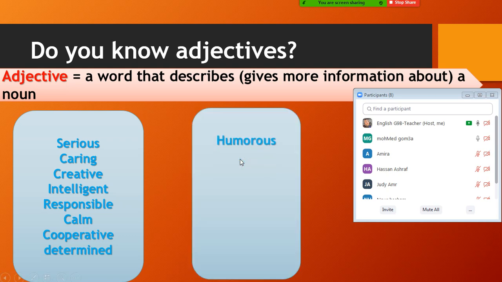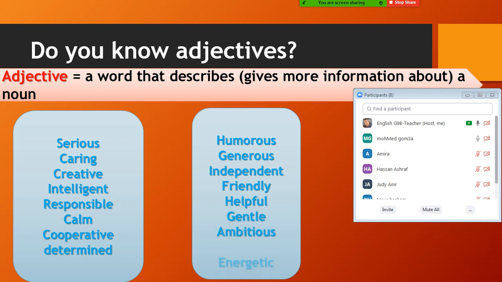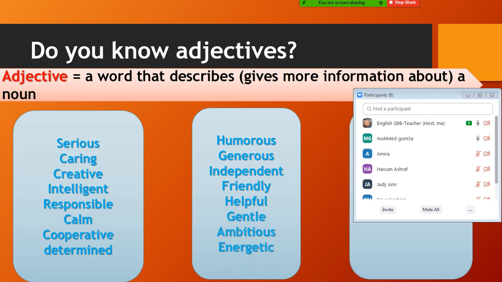Of course, you know that we have weak adjectives and strong adjectives, and you may have more than one word with the same meaning, but it goes in degrees, from a weak adjective to a strong one. Humorous, generous, independent, and so on. Gentle, ambitious, energetic, and we still have a lot of examples here.